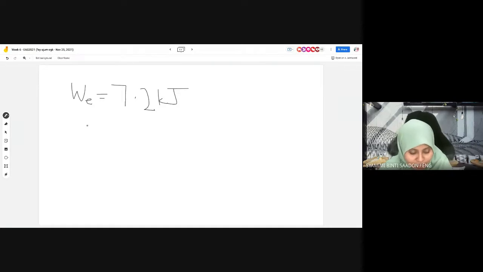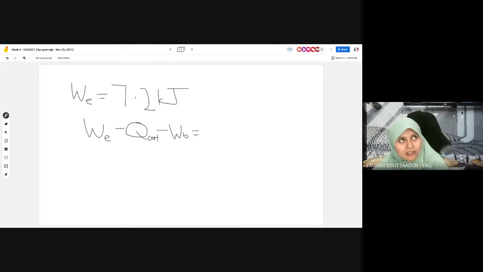So the relation just now that we have: W electrical, minus Q out, heat loss, minus the boundary work done by the system, equals to the delta H. So delta H is M, H2 minus H1. Okay, M is the mass.